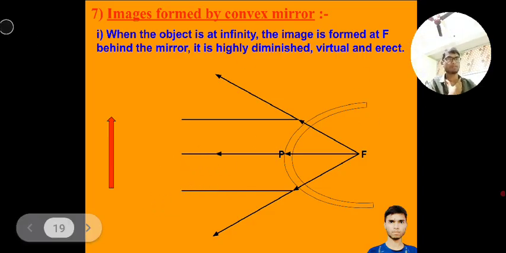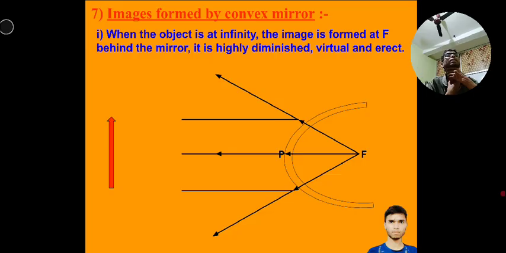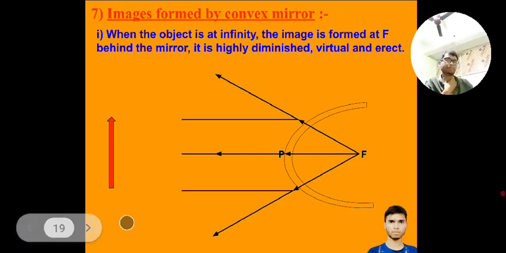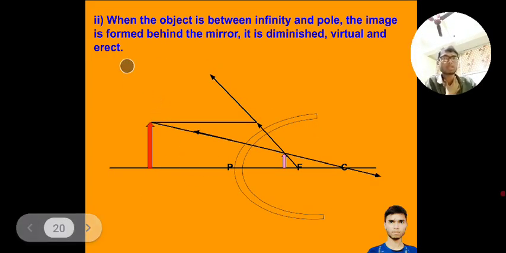Now we will place the object beyond C. Then you will realize that the image is between F and P. Now our object is beyond C, between infinity and pole.